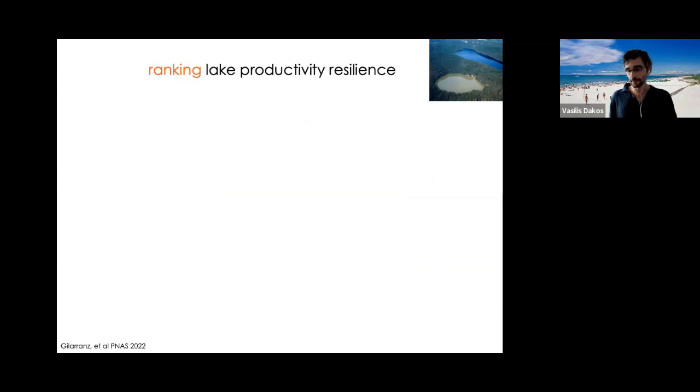And so we were hoping that now, okay, we have identified where we have these tipping point examples, but at the same time we had this proxy of resilience based on their change in variability. So the idea would be that we could rank these points based on this criteria.